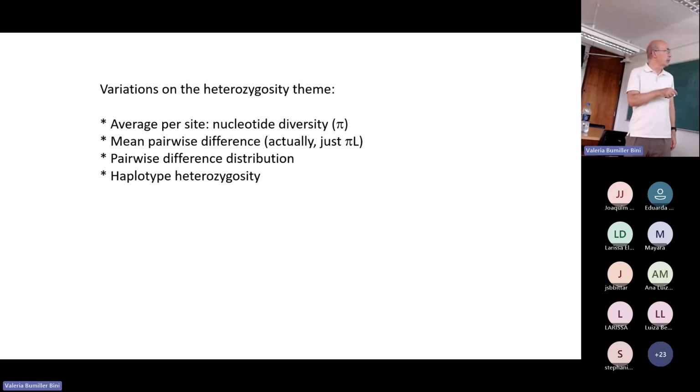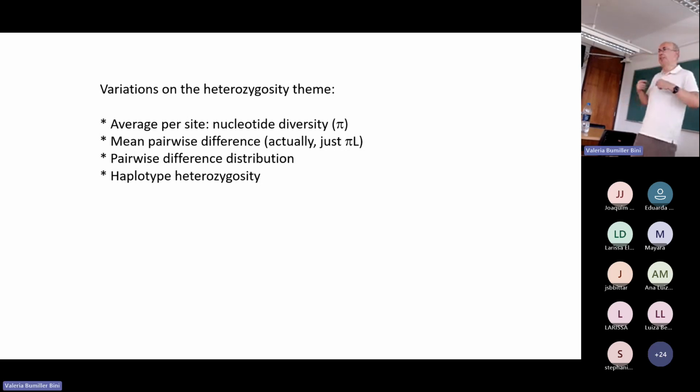We can count, given any pair of sequences in the population, by how many nucleotides they differ, and then average that over all possible pairs. And actually, we will say mostly empirically that this is just a function of pi.